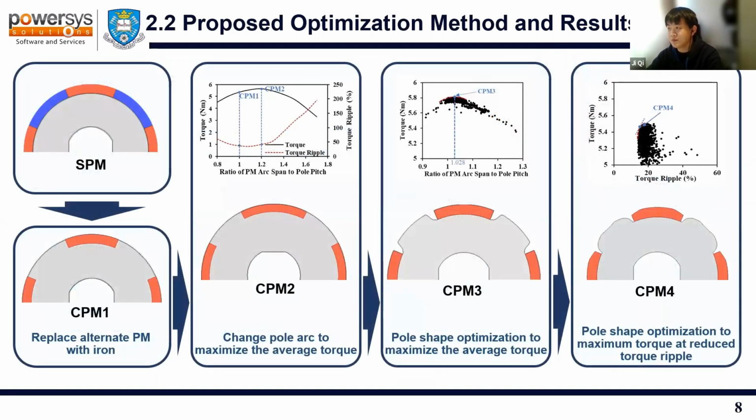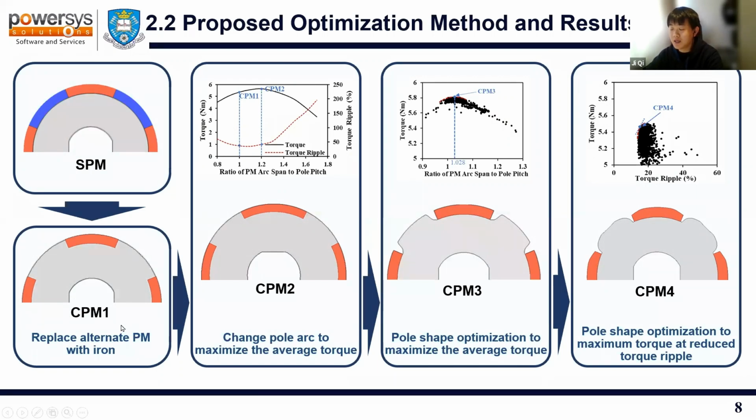So here are the machines that will be compared in the following part. Firstly, it is the conventional SPM machine. By directly replacing the alternate magnet with the iron pole, we can get the CPM 1.